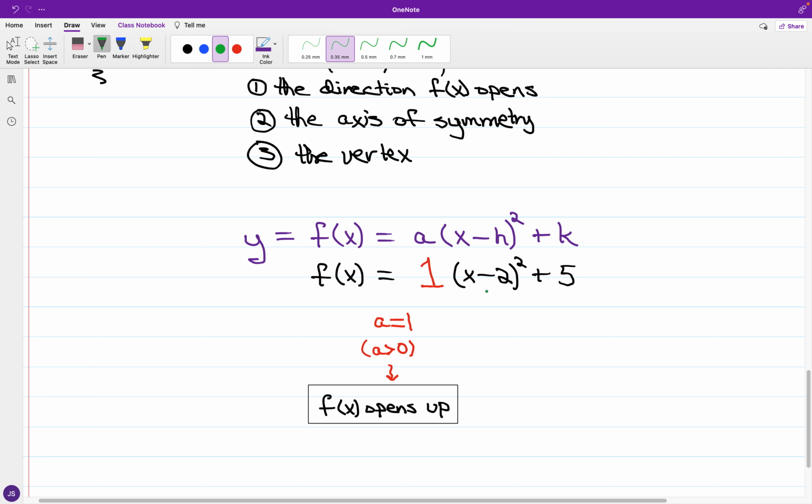And your h value is going to be the 0 of the binomial x minus 2. So if x minus 2 is equal to 0, we have x is equal to 2. And so for the axis of symmetry, and I'll use AOS for shorthand, you're going to have x is equal to h, and that h value will be 2.